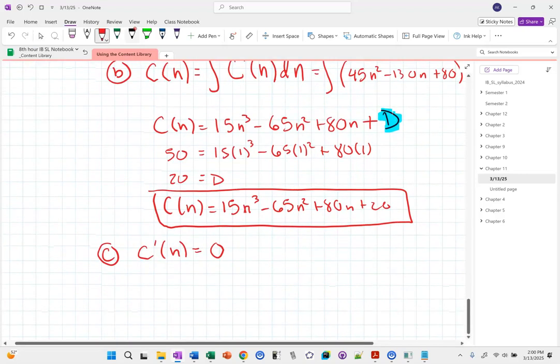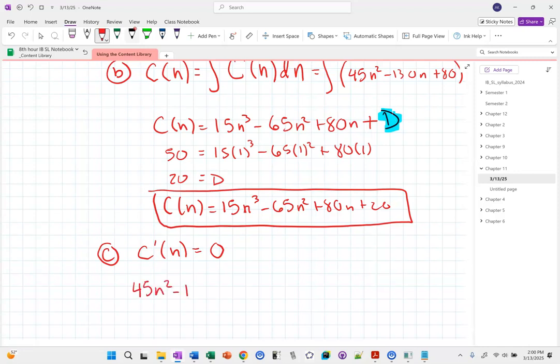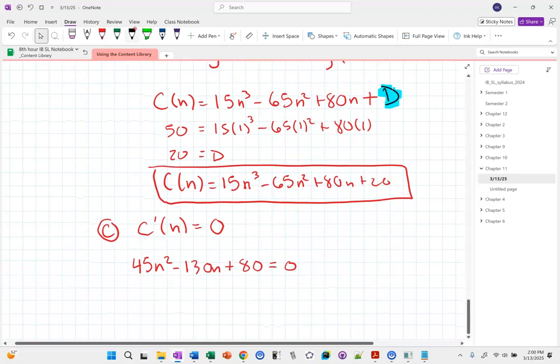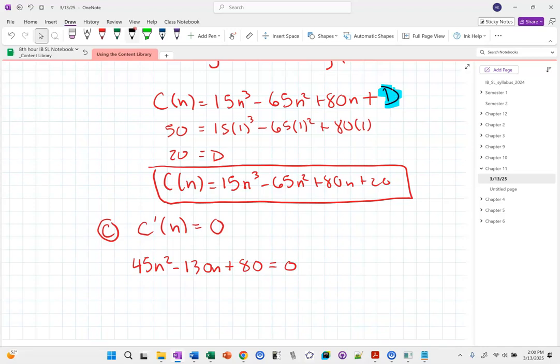My derivative was 45n squared minus 130n plus 80. That's a quadratic equation, so to solve that I'll use the quadratic formula. Since the leading coefficient isn't 1, I want no part of factoring this thing, especially with the size of those coefficients. But I also noticed that each of these coefficients is divisible by 5, so I'm going to do that first just to make the arithmetic a little bit more manageable.